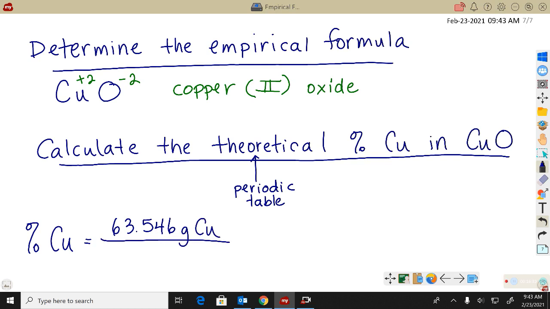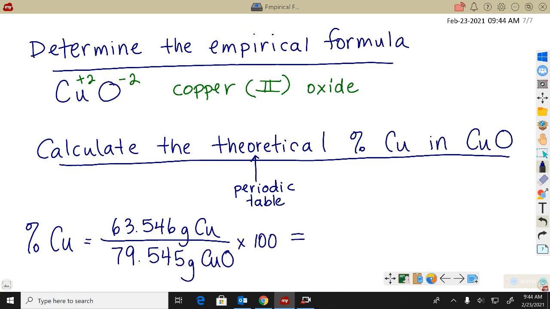So I'm just going to take that 63.546 and add an oxygen, 15.999. So I get a molar mass of about 79.545 grams of copper oxide. Multiply by 100 to get a percent.